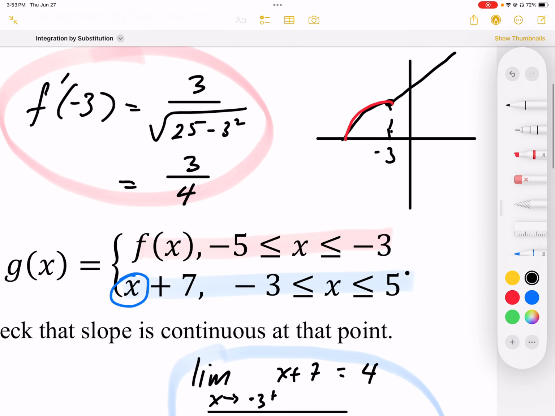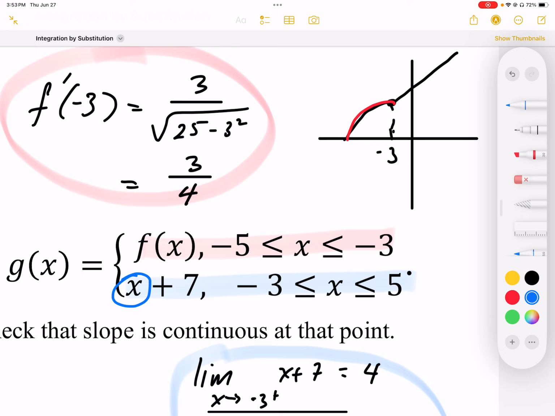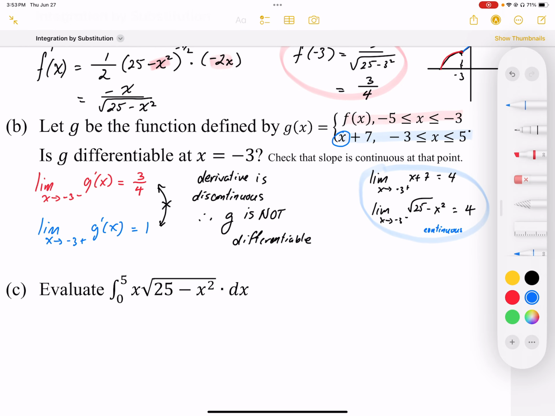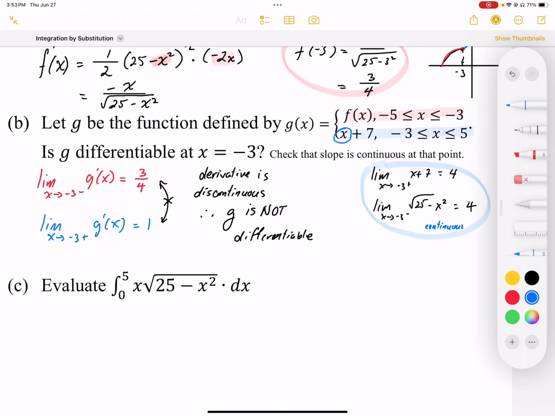Okay, so g is continuous through negative 3, but there's a kink there because when it transitions from the curved function to the straight function, the slopes do not match. So it is not differentiable at that point.